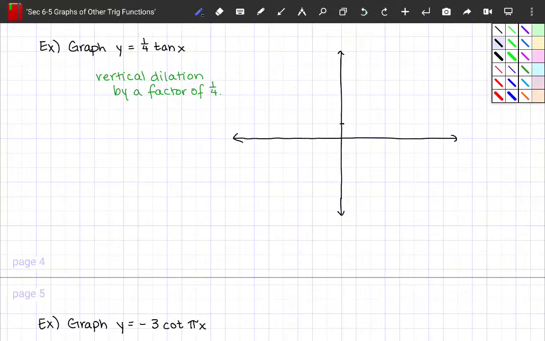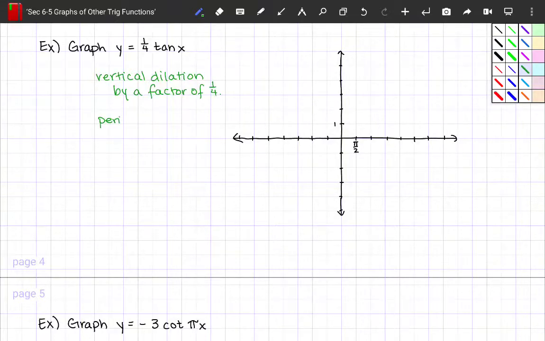Just to get an idea of what it actually does to the graph, I'm going to leave this as a 1. It won't be that hard to graph. And I'm not compressing at all. I'm still going to just do pi over 2. I'm not compressing horizontally. My period is still pi, is my point.